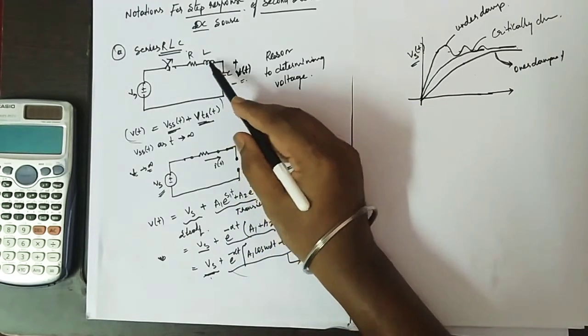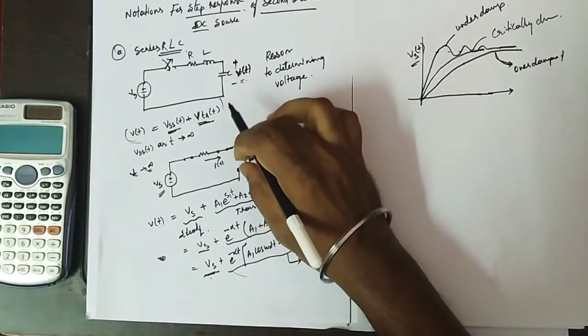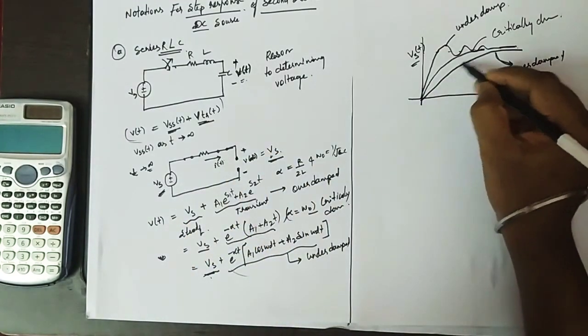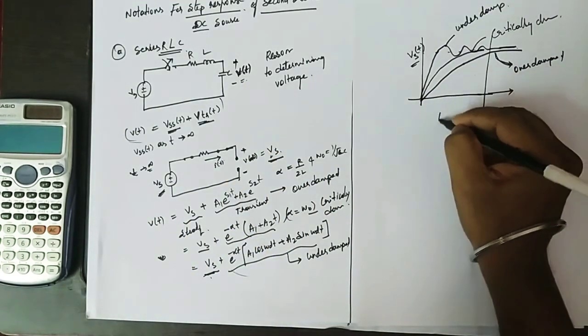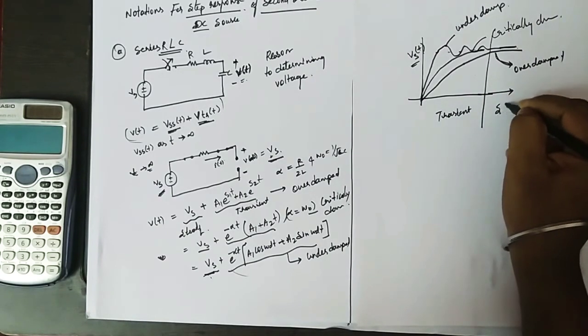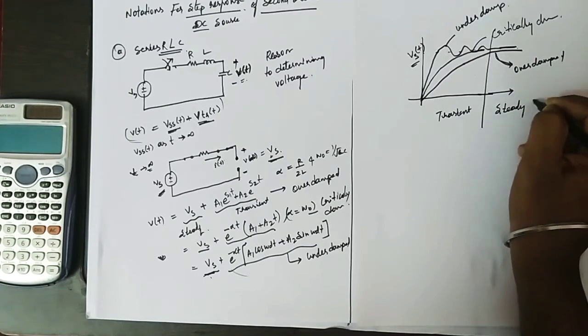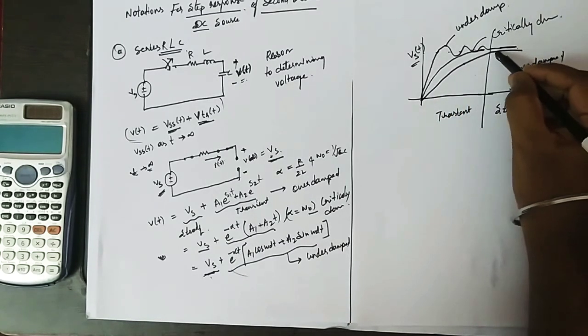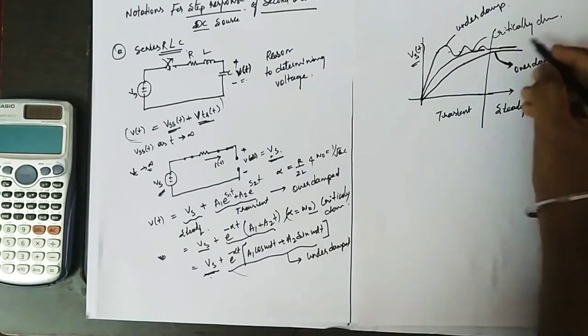The inductor is shorted and the capacitor is open, so the voltage across the capacitor is Vs. This is the transient condition and this is the steady state condition. The response you are getting here is the voltage across the capacitor only.